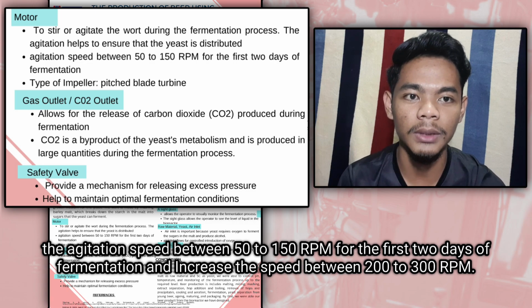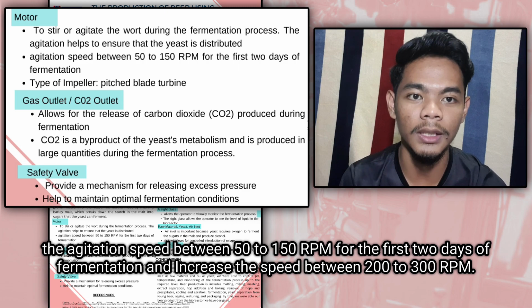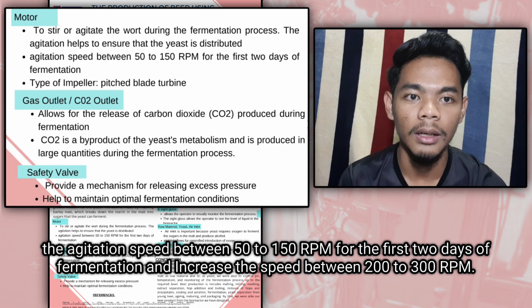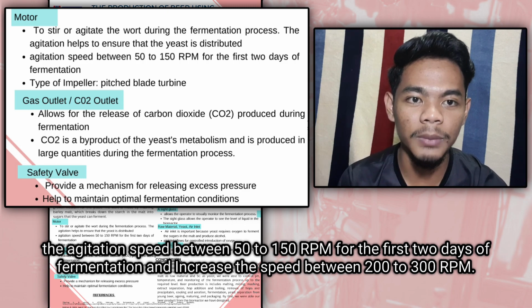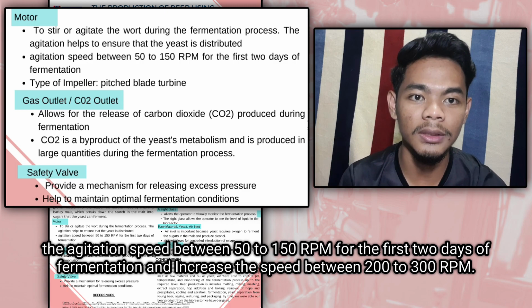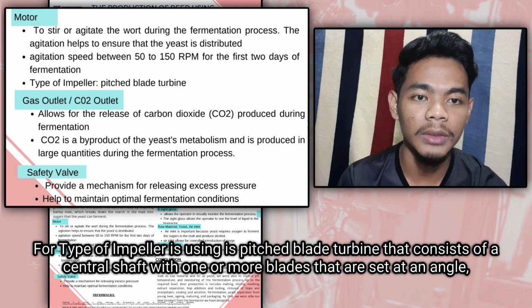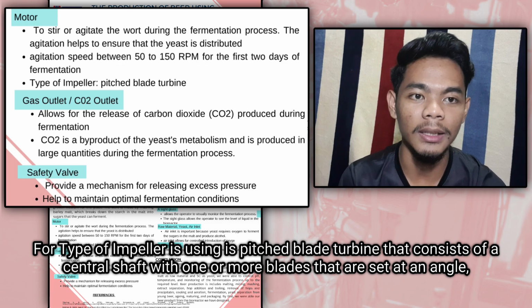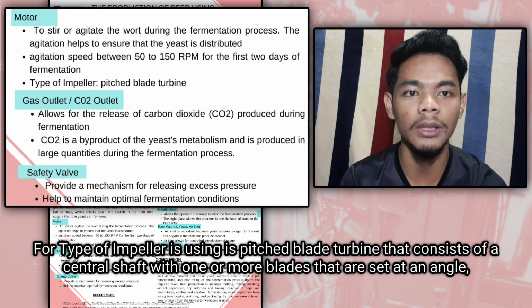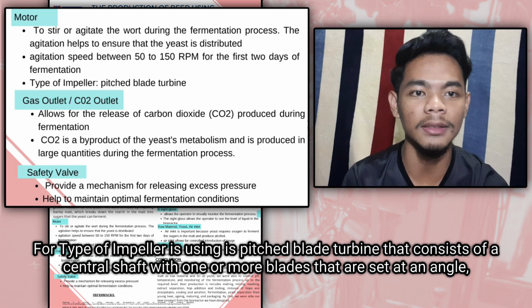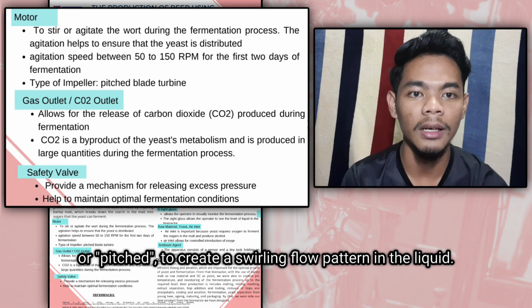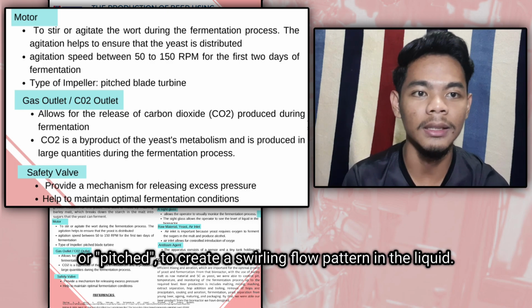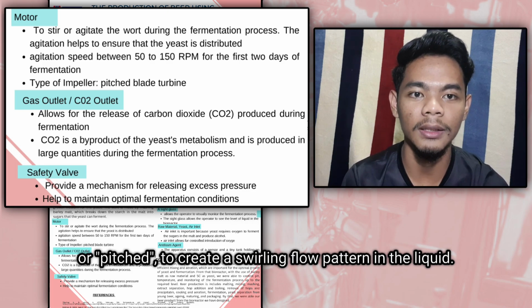The agitation speed is between 50 to 150 rpm for the first 2 days of fermentation, and then increases to between 200 to 300 rpm. The type of impeller used is a pitch blade turbine that consists of a central shaft with one or more blades that are set at an angle, or pitched, to create a swirling flow pattern in the liquid.